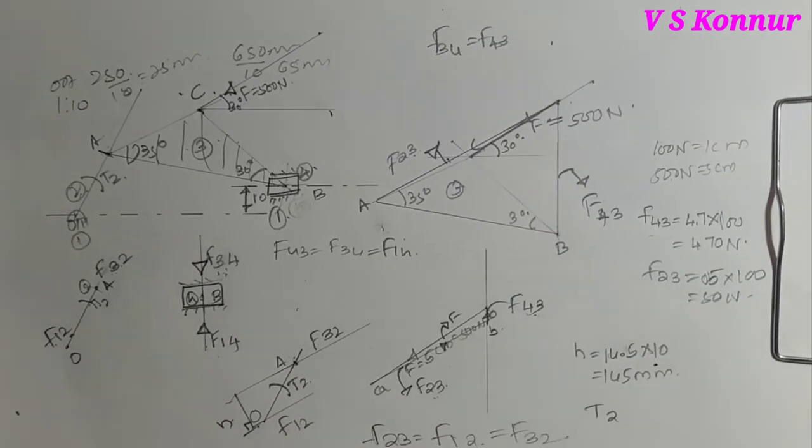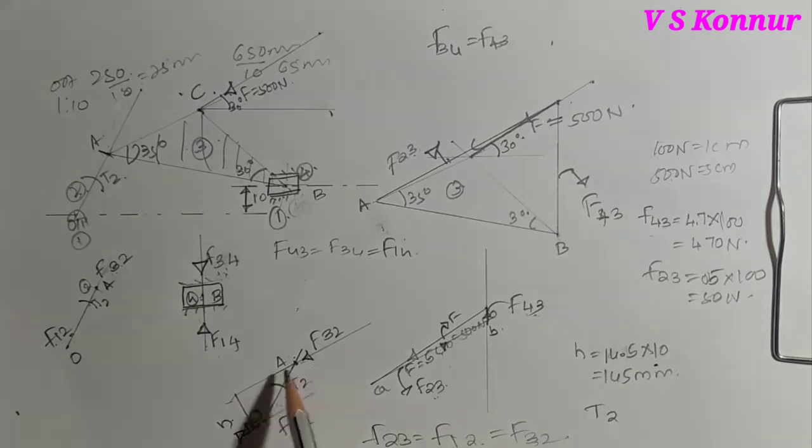So once again I will explain this. First you have to draw this torque parallel to this, and then F23 is equal and opposite to F32. So both are equal and opposite. Hence the force acting at this point is upward and the force acting at this point is downward. Parallel to F23 you have to transfer at A point, and parallel to 32 you have to transfer at F12. And the force acting here is downward, because this is upward, downward, this is upward.